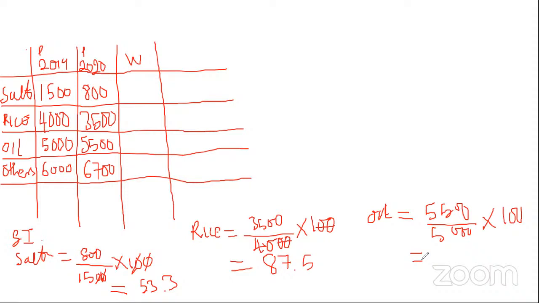Okay. 5,500. Yes. It is 500 divided by 5,000. Yes, times 100. Okay, that is 11.